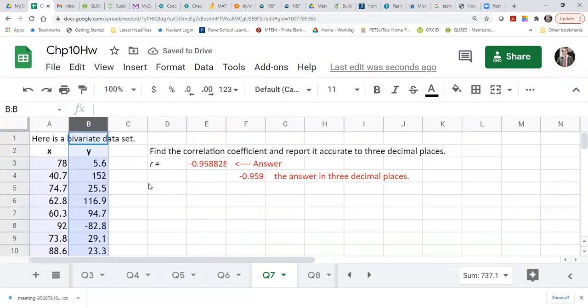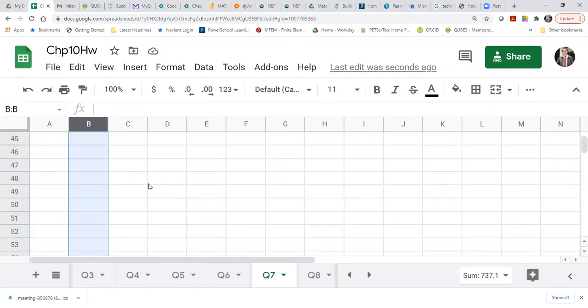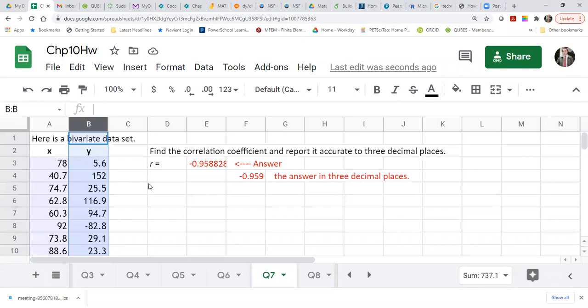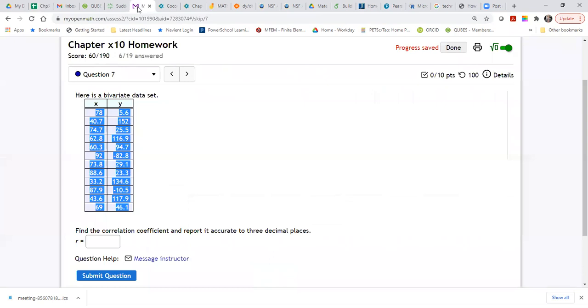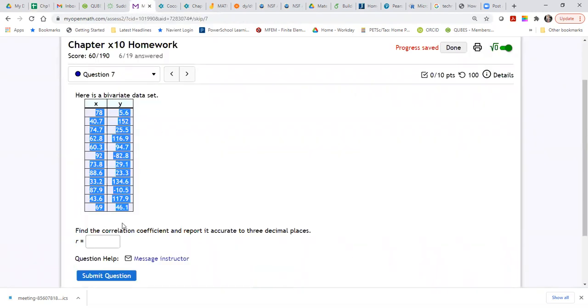Okay, so I think something is wrong with it, right? Okay, let's see. 78, okay, 5.6. Yes, that's right, right? And then the bottom here is 69 and 46.1.